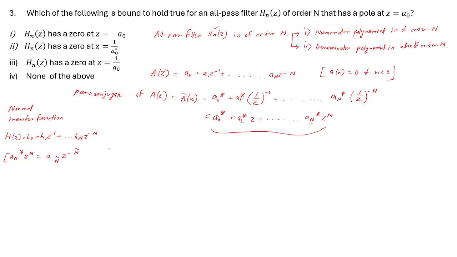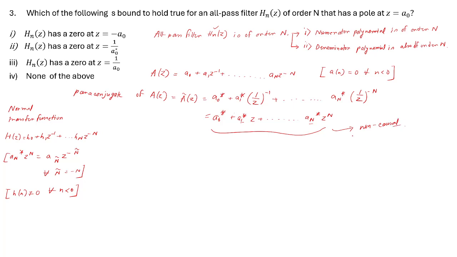Okay, so yeah, we can write that for n tilde is equal to minus n, right? Therefore your impulse responses, that is hns, are non-zero for negative time index. That is, this expression is actually non-causal.